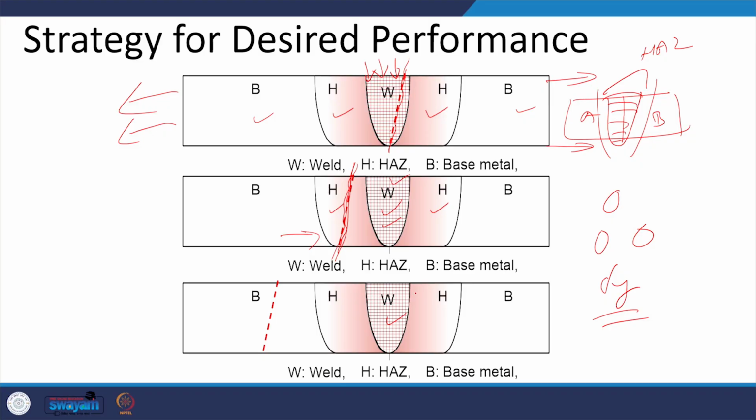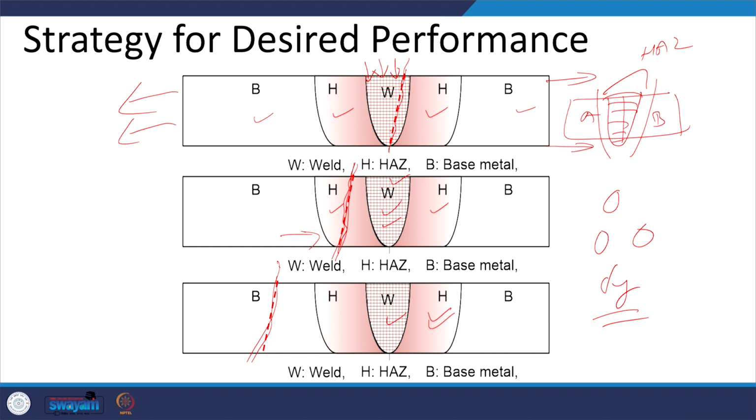Another thing is that very controlled forced cooling can be applied selectively in certain zones, so that adverse effects related to heat can be minimized in the heat affected zone. If the weld metal is good and the properties of the heat affected zone have not been compromised or have even been enhanced, then the weak zone may be the base metal. So, the failure from the base metal will take place.